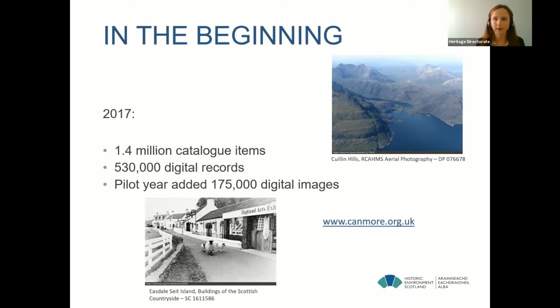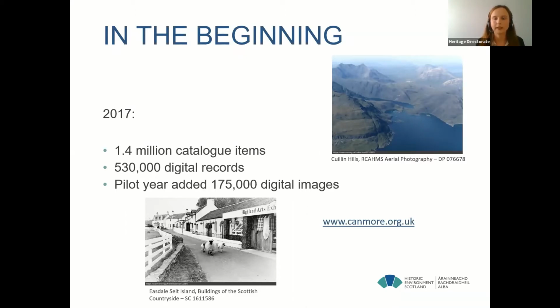However, having only 530,000 digital records meant that the majority of our collections were only available to those able to visit us in our search room in Edinburgh itself. In 2017, through investment funding, we started a pilot approach to mass digitize collections to significantly increase online accessibility.